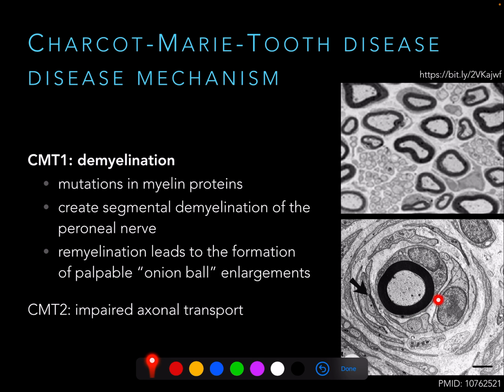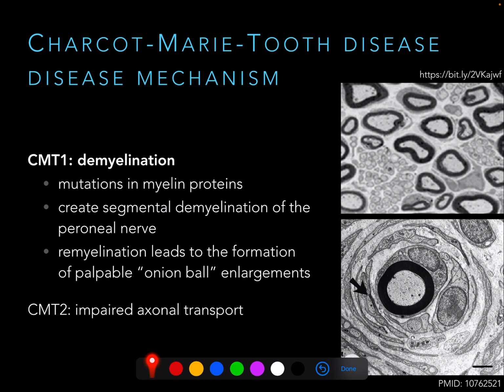Nice orderly myelination, we get this kind of bundling up. Here's another Schwann cell and another one and another one and another one. So the myelin doesn't properly form and you get this onion bulb enlargement that's palpable. Over here, we're not seeing any of those enlargements. Here's an axon, myelinated, single myelination, not getting multiple myelination there.